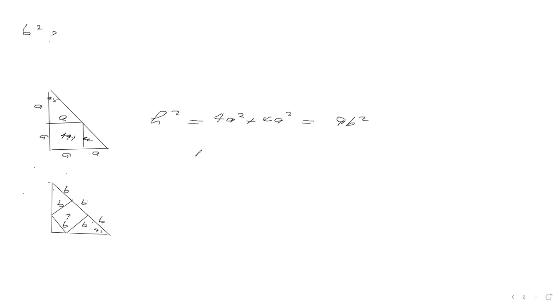A squared is 441. So you got 8 times 441 equals 9b squared. So for b squared, you simply have to divide by 9 on both sides. 441, 9 goes exactly into that, 49 times. It's 392, and that's exactly what we needed to find, the area of the square.